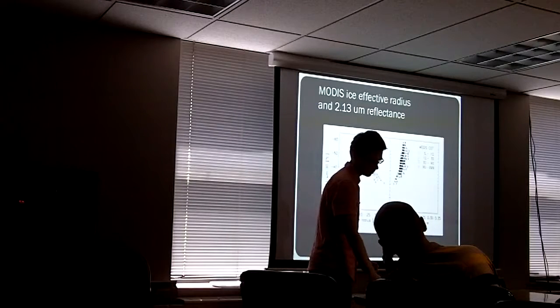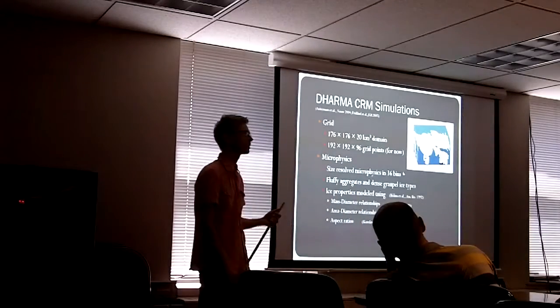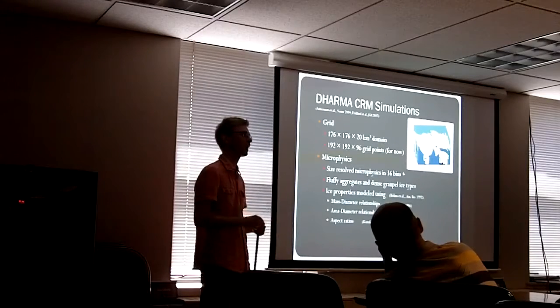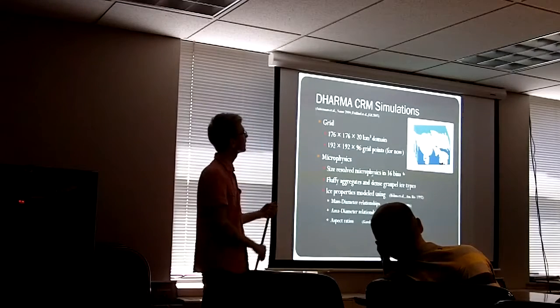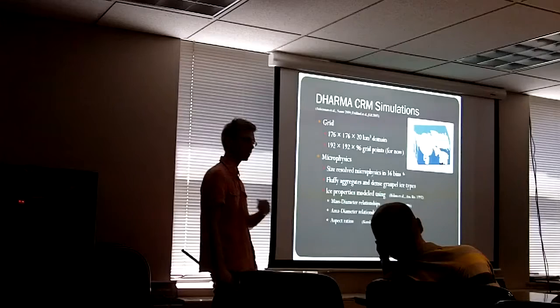So talking about the model, I come now to the model simulation. Now we know how the real cloud looks by having these observations, and now we want to compare it to the model simulations. It's the DHARMA model.